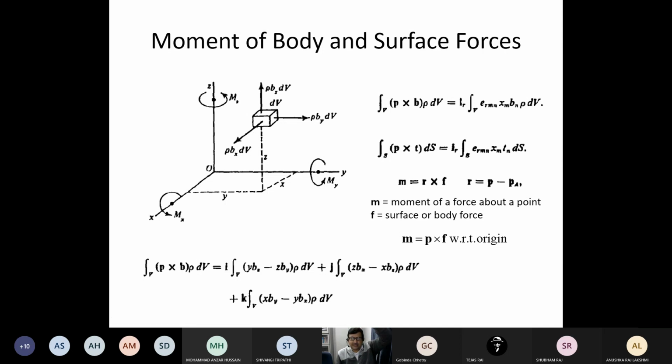That is one way of rotating it. When you are taking the y-axis and giving a rotation, that is the way you rotate about y. When you are taking the x-axis and giving a rotation, that is the way to rotate about the x-axis. Now in a three-dimensional rotational framework, I give all these moments to all the surface and body forces that are existing there.